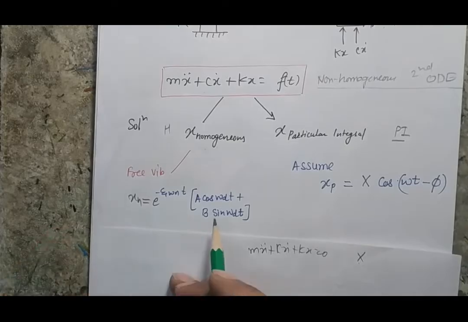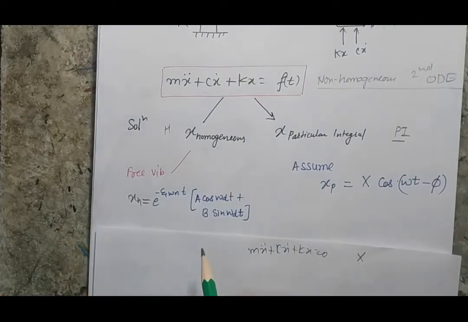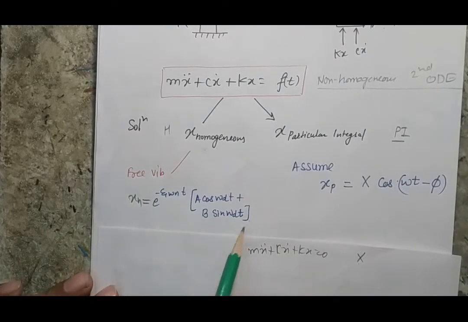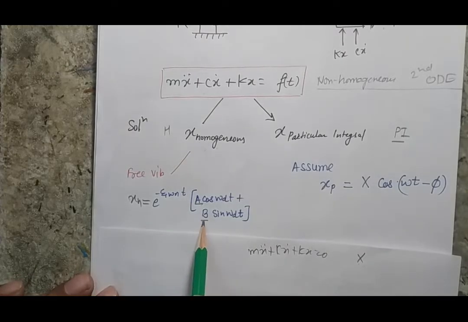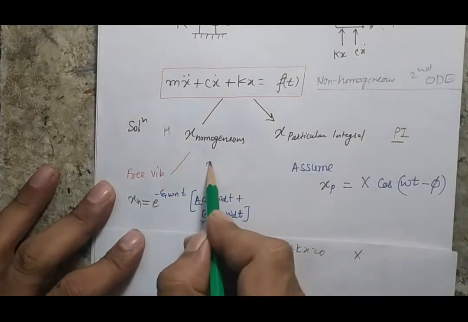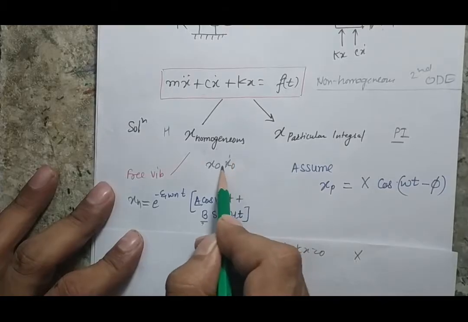If you are interested, you can see my previous video of damped free vibration where I have derived this equation, where A and B are constants and can be calculated from initial displacement and initial velocity conditions.